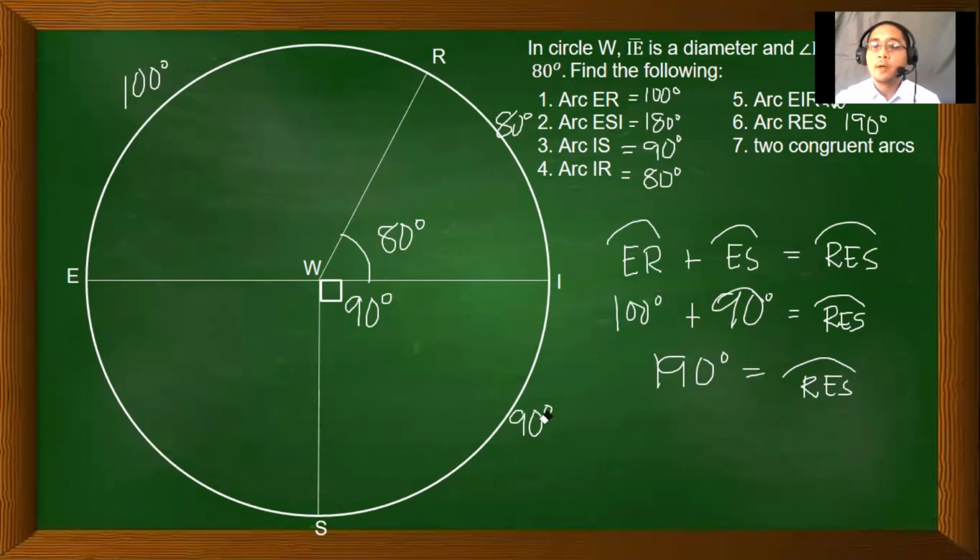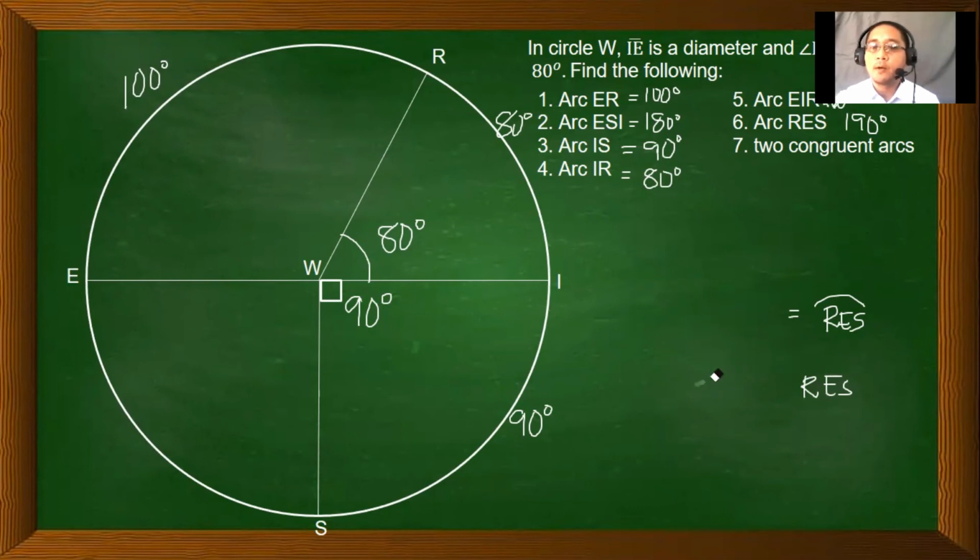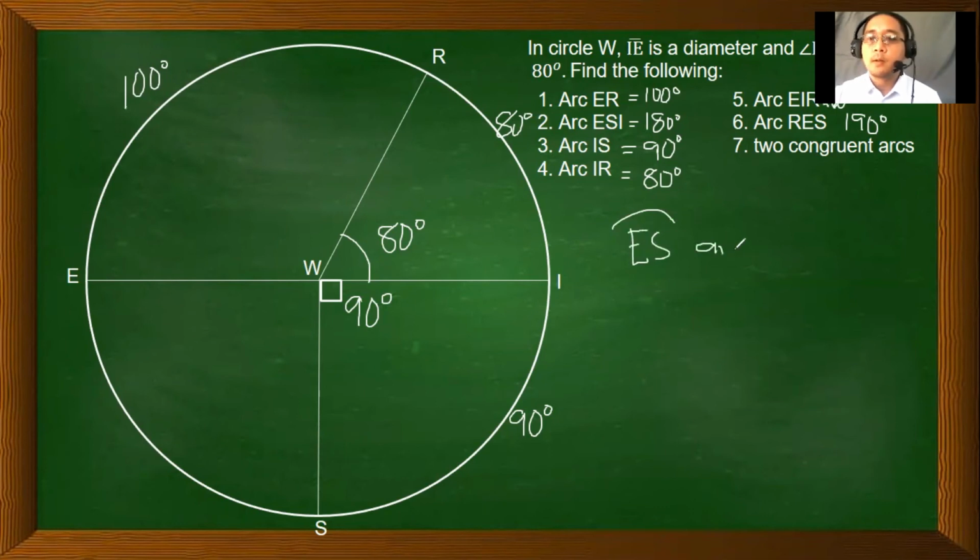And lastly, for number 7, can you identify two congruent arcs based on the given illustration? If you think that your answer is arc ES and arc SI, you got it right. How can you prove they are congruent arcs?